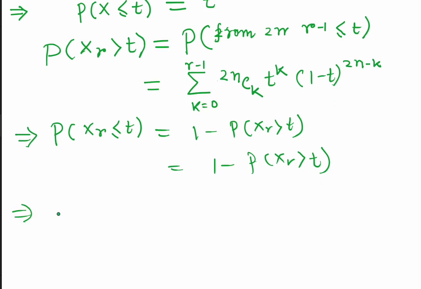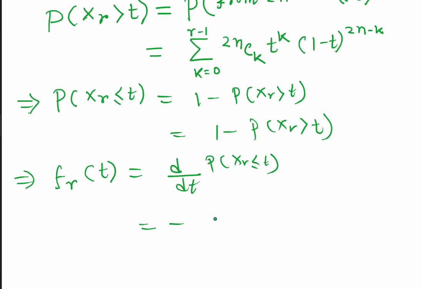Now from here we can calculate the density. We know the density for t is d by dt of the probability xr less than or equal to t, so that will be minus d by dt of the probability xr greater than t.